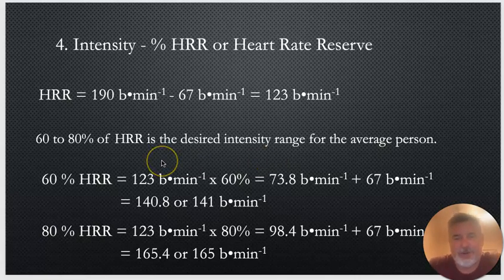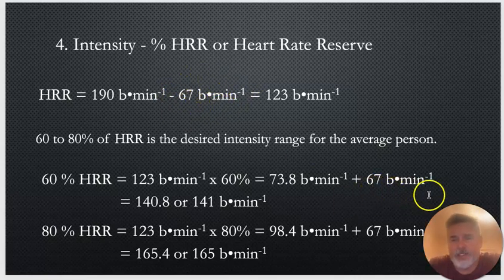For 60% of heart rate reserve, I'm going to take the 123, multiply it by 60% and get 73.8 beats per minute. Listen, if I said I wanted you to work out at 74 beats per minute, most of you would already be there. So that doesn't really make sense. So then what do we need to do? We need to add resting heart rate back in.